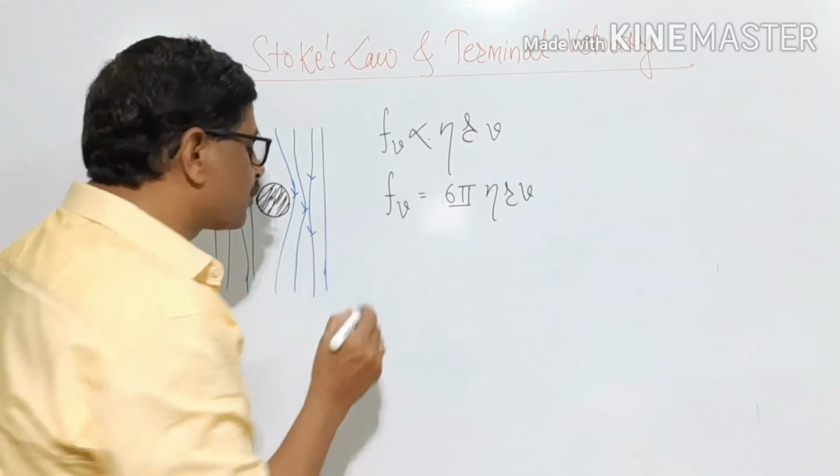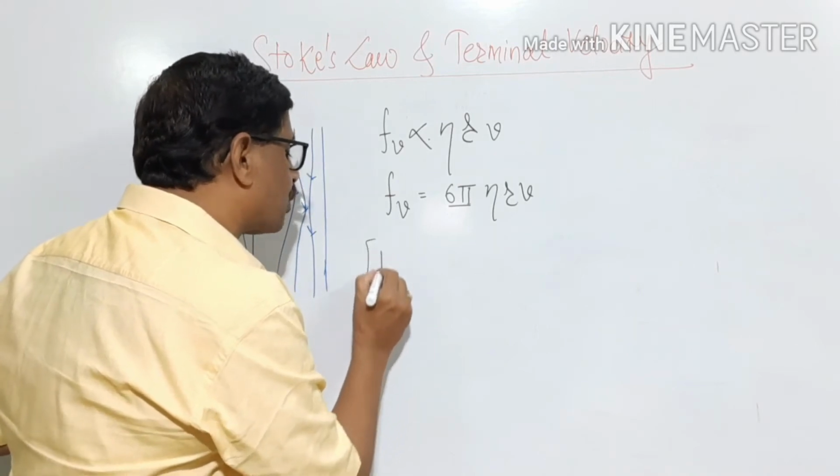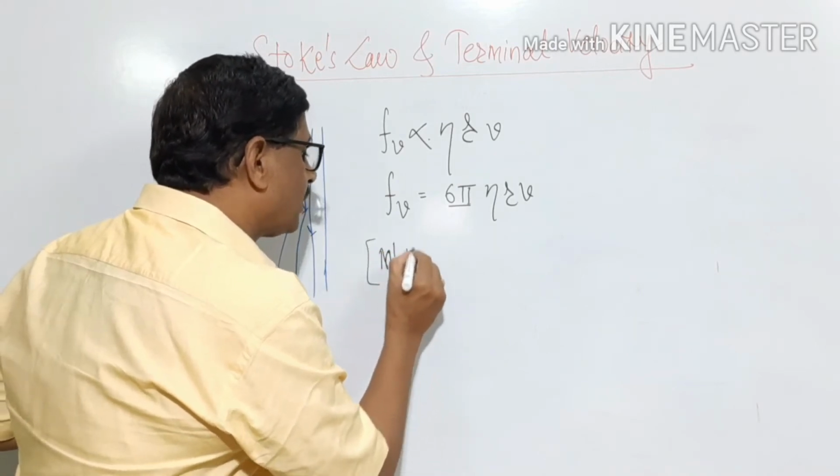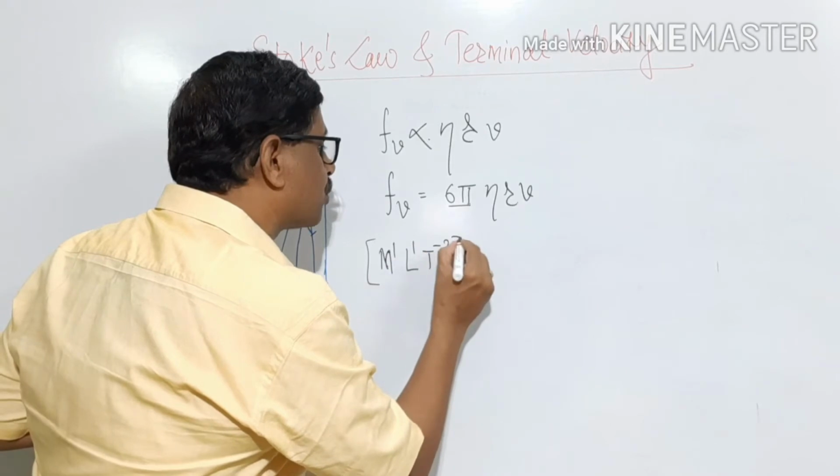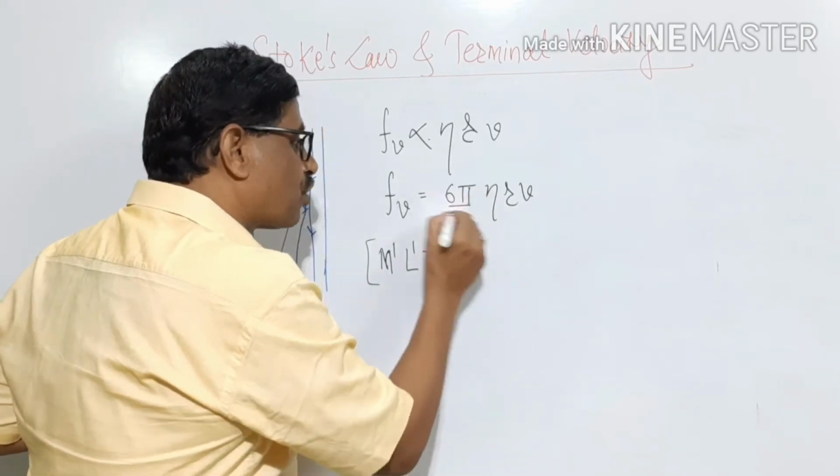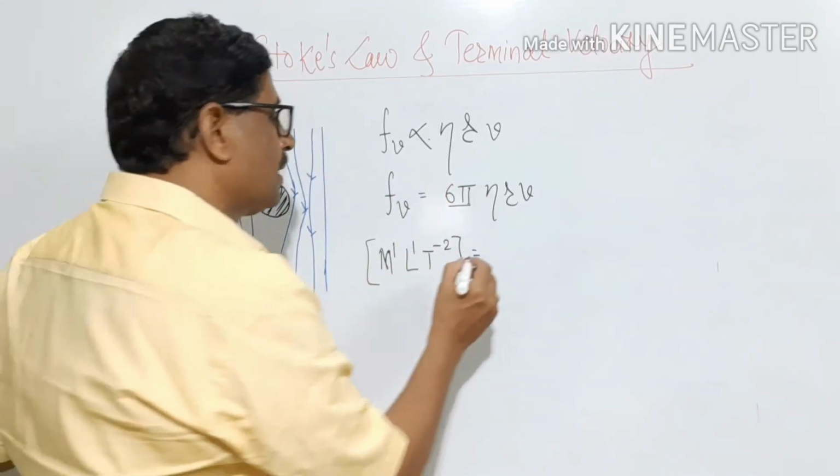The dimensions for the viscous force are M^1 L^1 T^-2. 6 pi is a constant, so it is dimensionless.